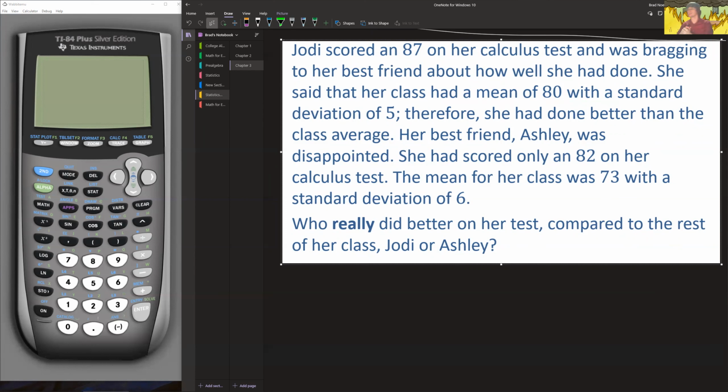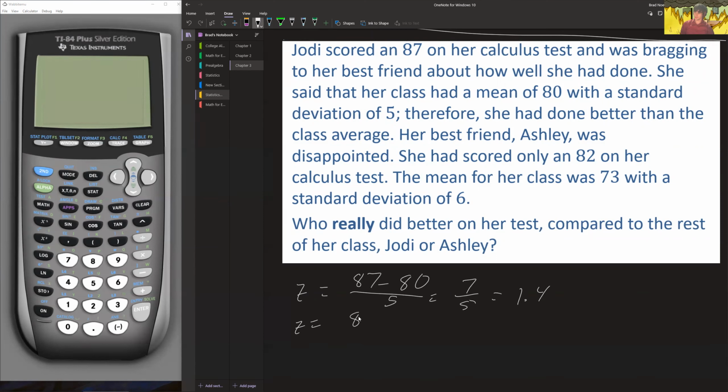So at first blush, you might say, aha, Jody scored an 87, Ashley scored an 82, Jody did better. But remember, when comparing them to the class, let's convert them to z-scores in order to compare them more directly. So here my z-score is going to be my x for Jody, 87, minus my mean, 80, divided by 5. This is 7 over 5, which I don't need a calculator for. It's 1.4. Though if you do need a calculator, that's okay too.